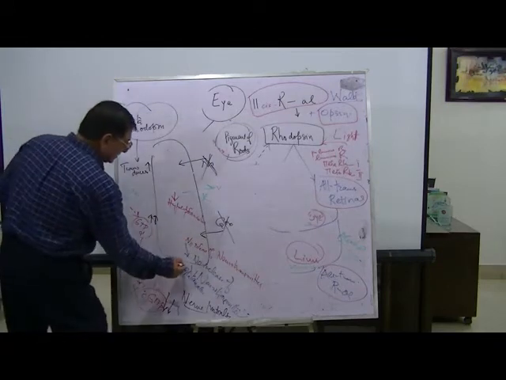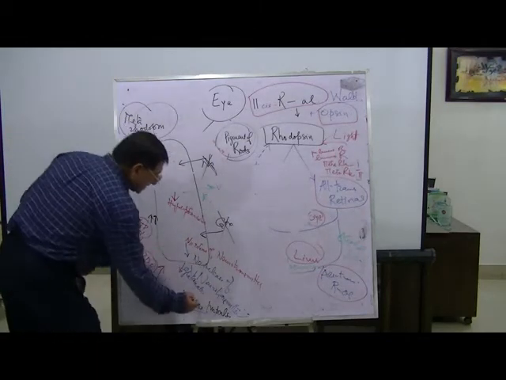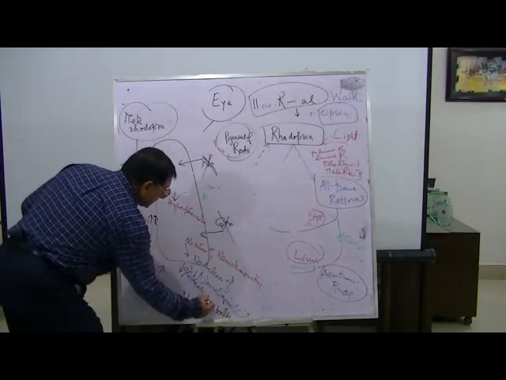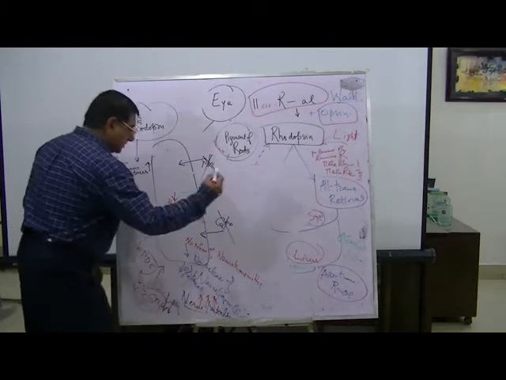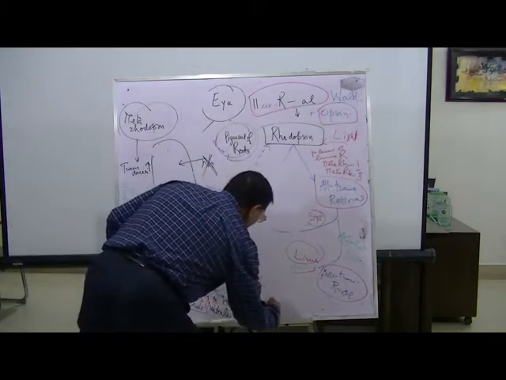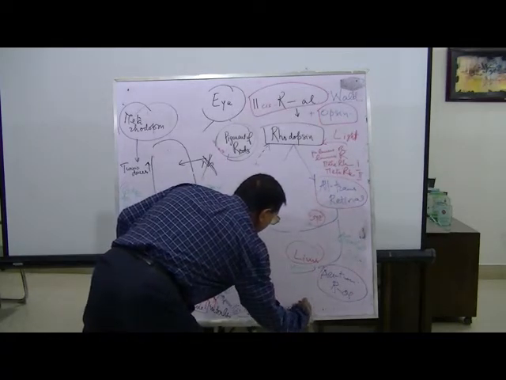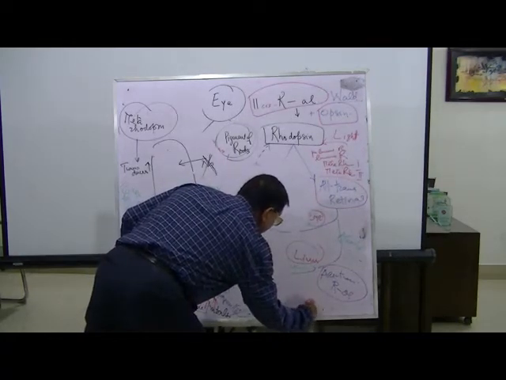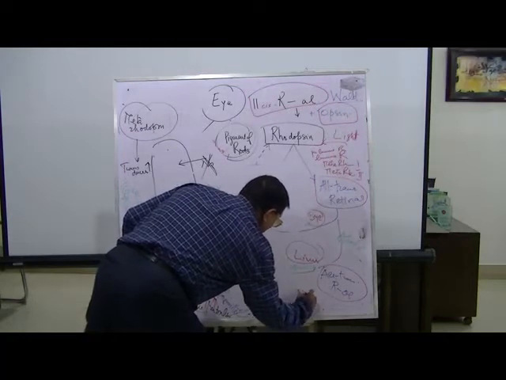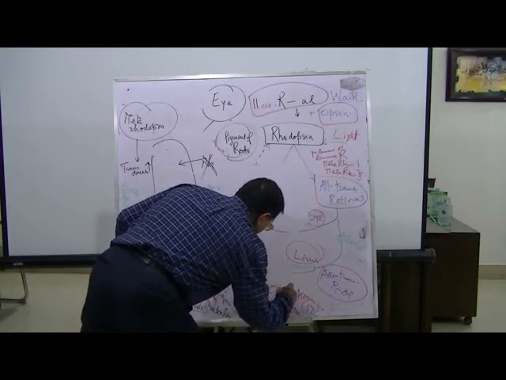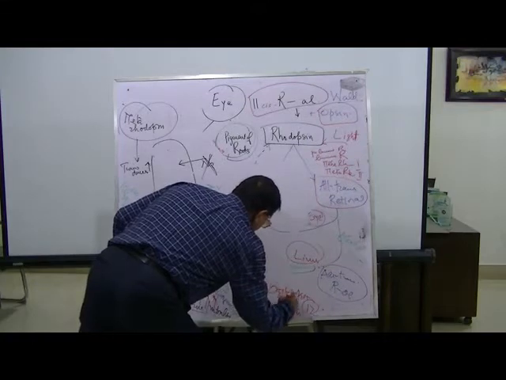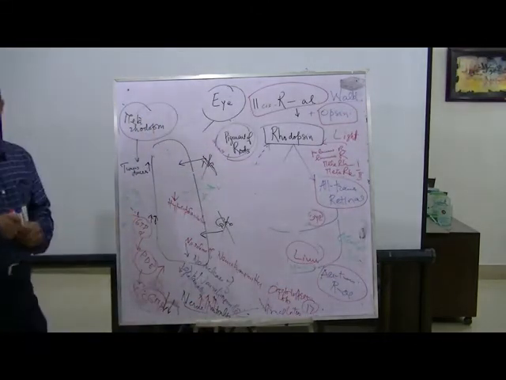When glutamate is not there, the nerve impulse is increased. And the impulse goes to the visual cortex, area 17, in the occipital lobe. And then you can see the image.